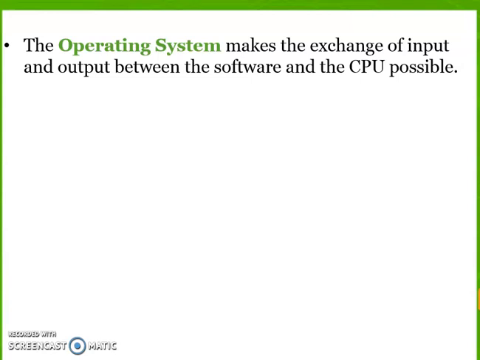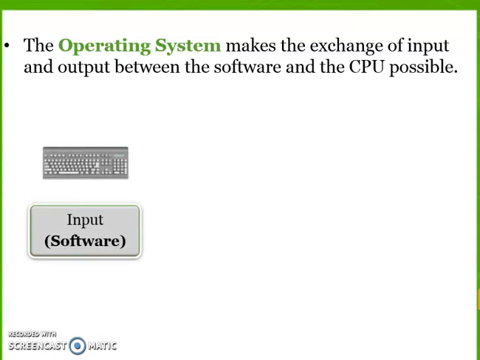You give the input, then this input is exchanged between the software and the CPU. Then it operates and gives you some output. So you have some input devices, like a keyboard.